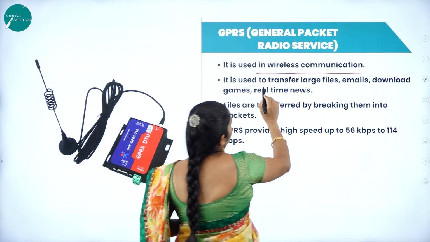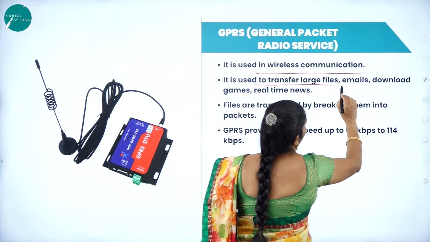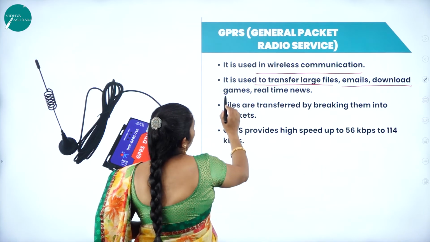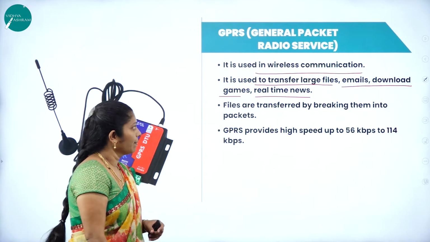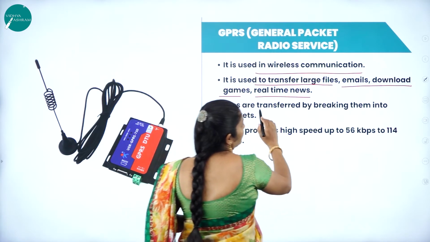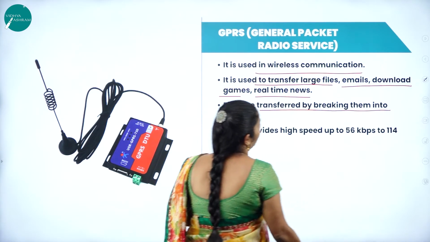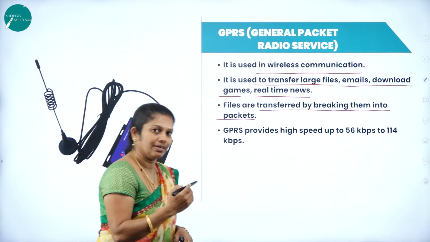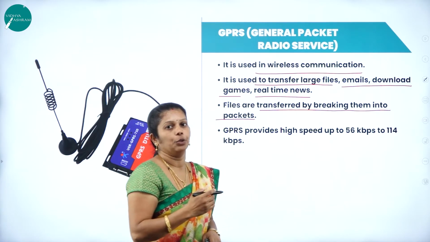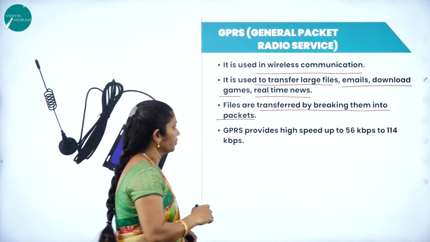It is used to transfer large files, emails, download games, and we can also get real-time news here. Files are transferred by breaking them into packets. Whatever data we want to transfer, it will be divided into packets and then transferred.